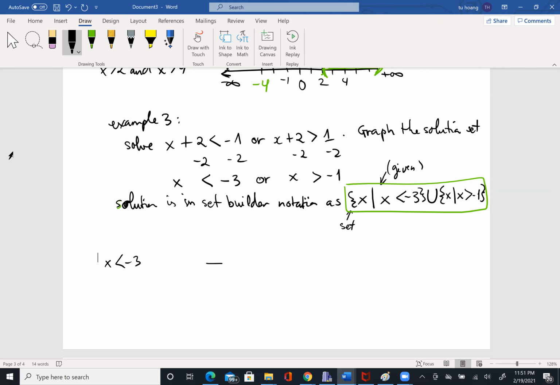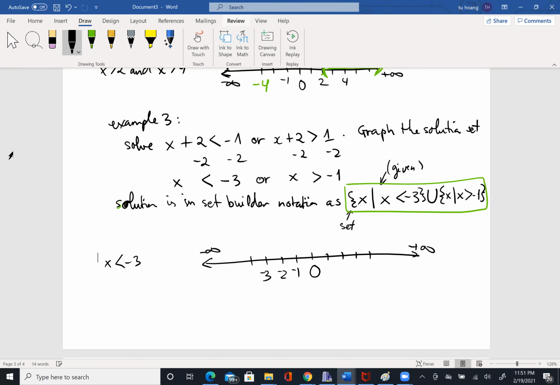I have from negative infinity to positive infinity, with 0, -1, -2, -3, -4, something like that. So here's -1, here's -2, here's -3, then 1, 2, 3, 4.